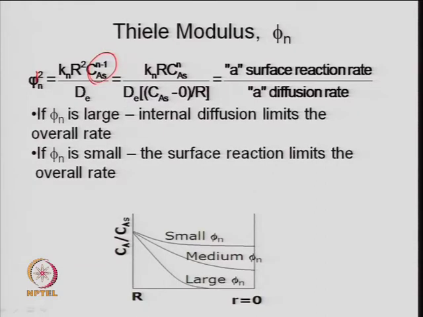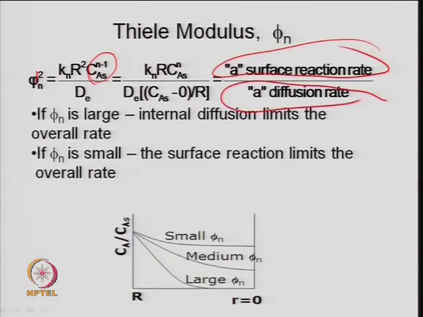So, D_e C A S minus 0 divided by r, diffusion flux multiplied by the area, that will be 4 pi r square in this case. And in the numerator also, if you define rate based on surface area, you will write down the same surface area, 4 pi r square for the pellet. So, again this definition says it is a surface reaction rate divided by a diffusion rate. That is again the similar definition you have seen.